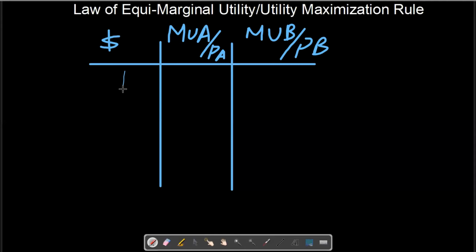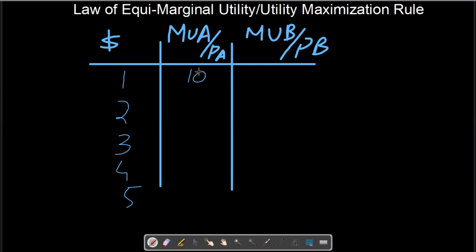As per this schedule, we can see how much total satisfaction he can obtain from product A and product B if their prices are given. For example, total income is $5, so $1, $2, $3, $4, and $5 of income. If the consumer spends the first dollar on product A, given its price, the marginal utility of A per price is, let's say, 10 units.